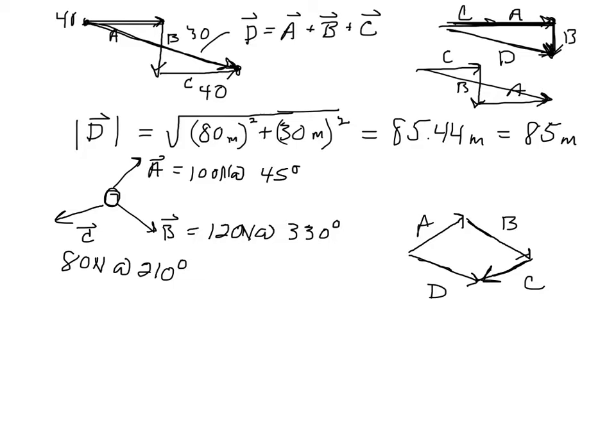And if we were just to eyeball it, and remember this is pretty crude because I'm just going by eye, I would say that D is about the same length as A, so I'm going to say it's 100 newtons, or in lab we did it in grams actually, right, because we weren't using forces. So 100 newtons or 100 grams.